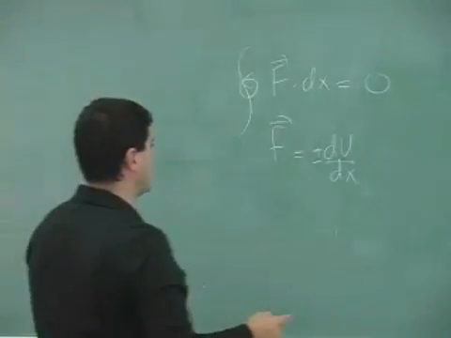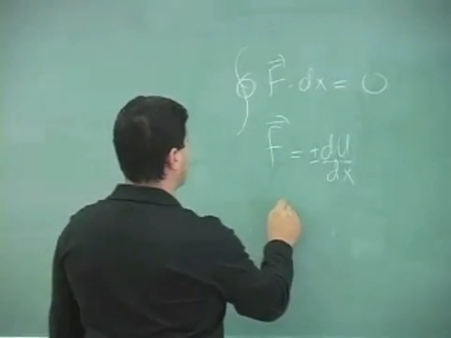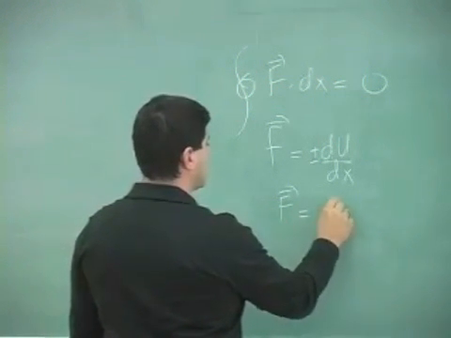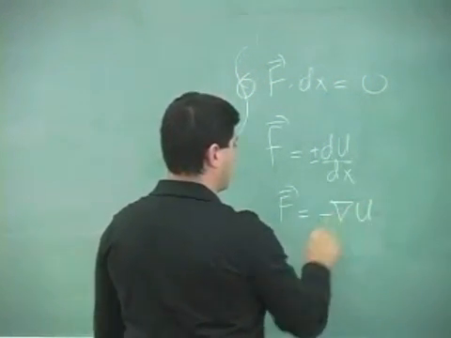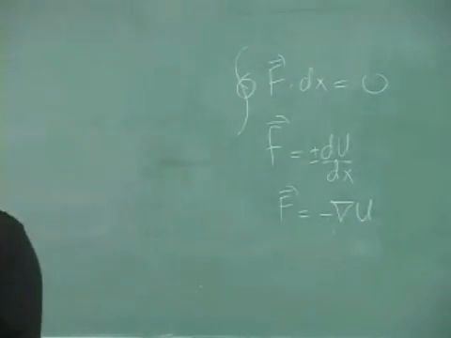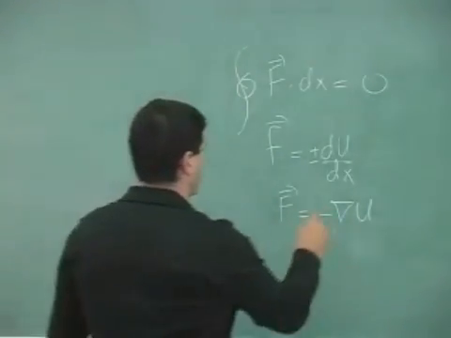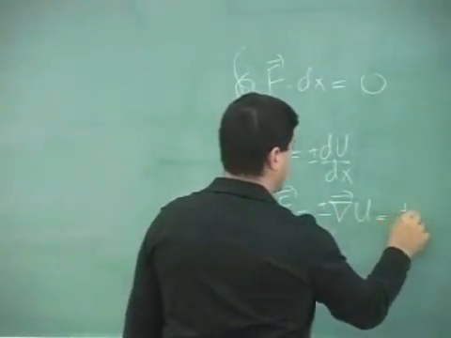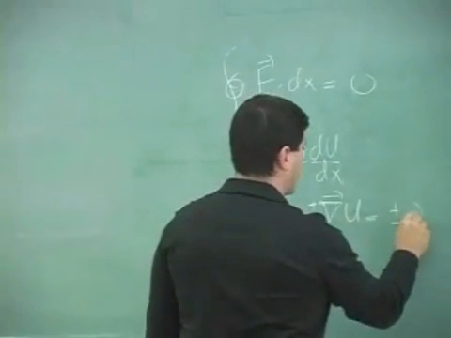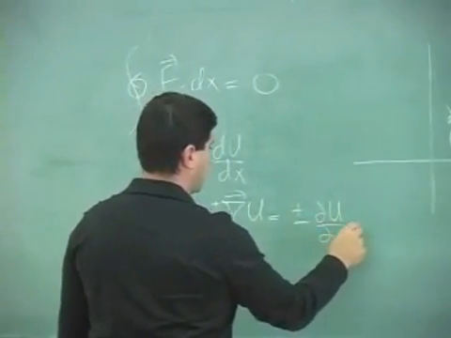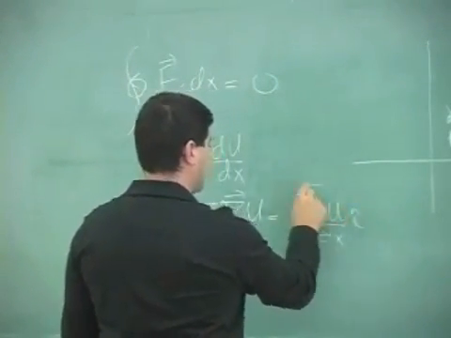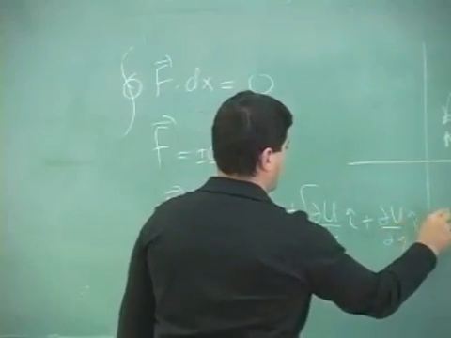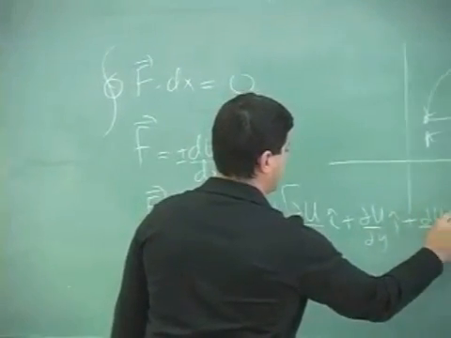The way that they write it in Calc 3 is that the function can be written as negative the gradient of another function. That's the more official way of writing it, whereas plus or minus gradient, it could be either. The gradient is defined as the partial derivative of the function u with respect to x times i hat, plus the partial derivative of u with respect to y, plus partial u partial z k hat.